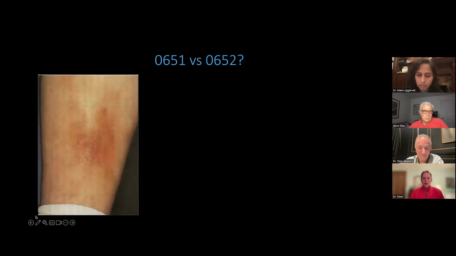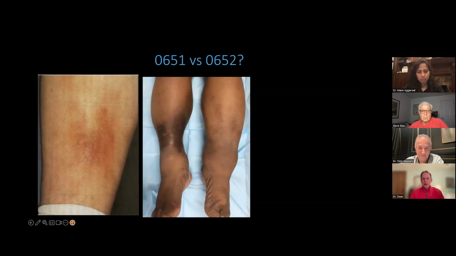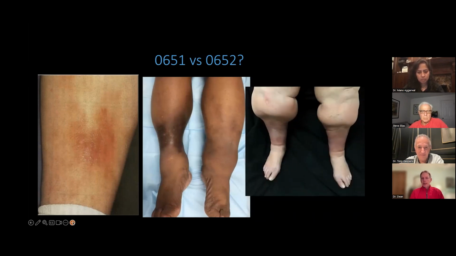Okay, so here is a case of acute lipodermatosclerosis along the distal medial calf. Here's a case of chronic lipodermatosclerosis and an even worse case of chronic lipodermatosclerosis with these singular disfigured atrophied legs. So these are all complicated cases of phlebolymphedema. Now, I would submit to you the majority of the time, you're still going to start off with a 651.